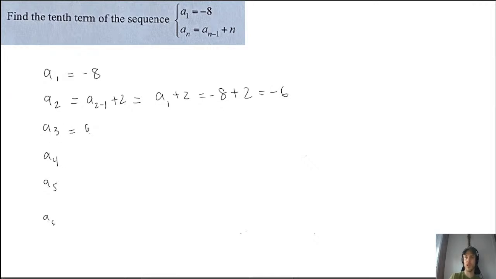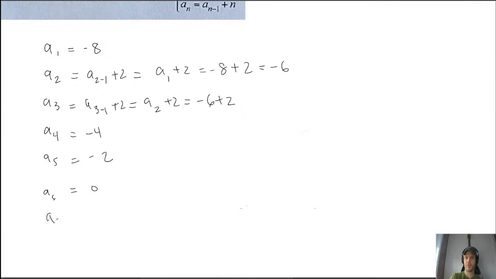And so same thing, a sub 3 minus 1 plus 2 equals a sub 2 plus 2, and this is a sub 2. So we can substitute. I'm not going to keep doing that process. What you'll notice is you add 2 to the number before it. That's what this says. So this is -4, -2, 0, and this is 4.